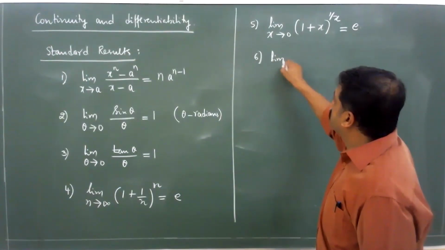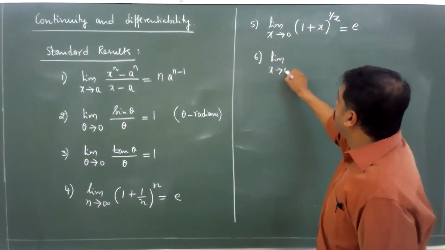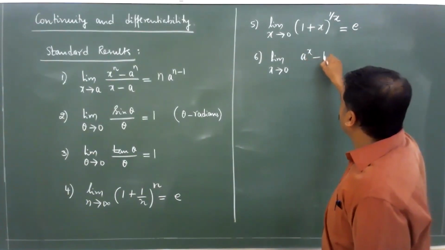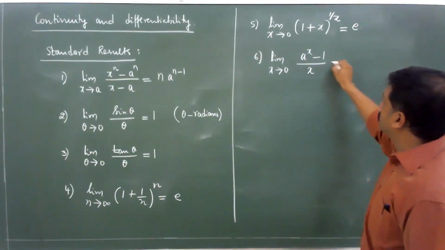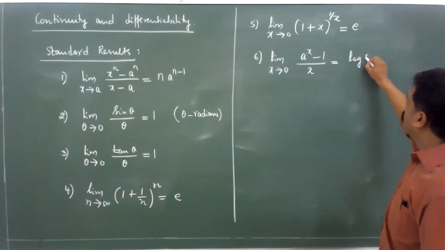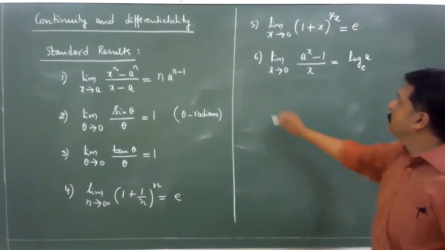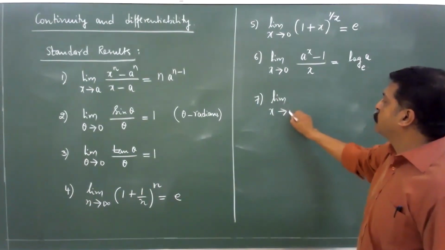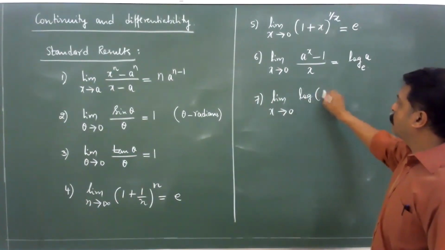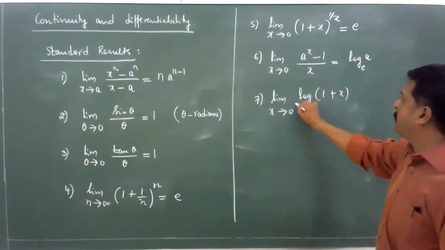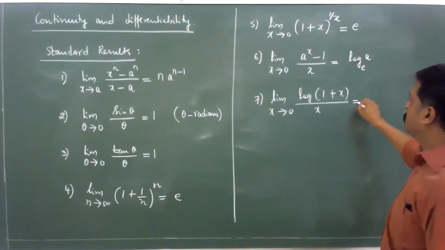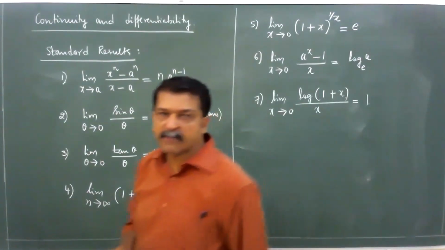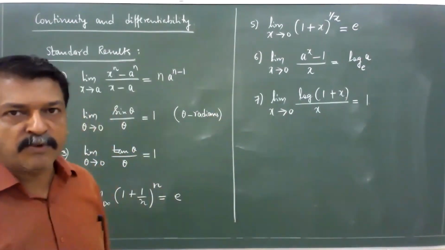These are all some special limiting formulas. Limit x tends to 0, a to the power of x minus 1 divided by x is equal to log a to base e. Limit x tends to 0, log of (1 plus x) divided by x is equal to 1. These are all some formulas that we have studied in our first year PUC.